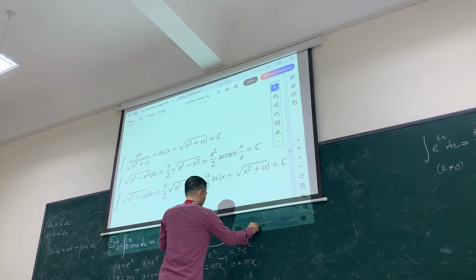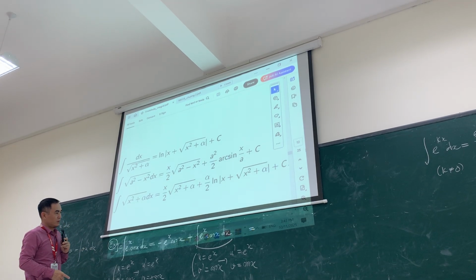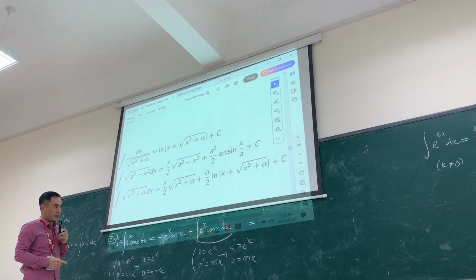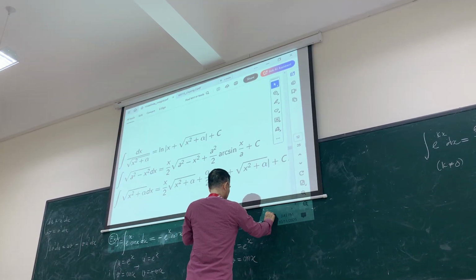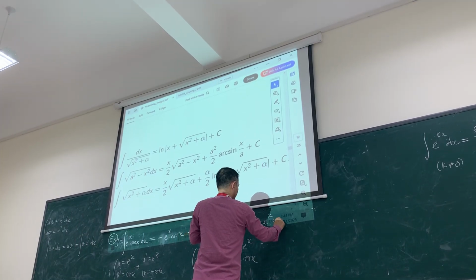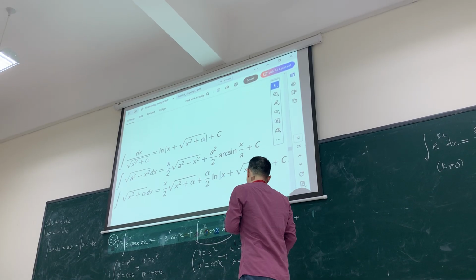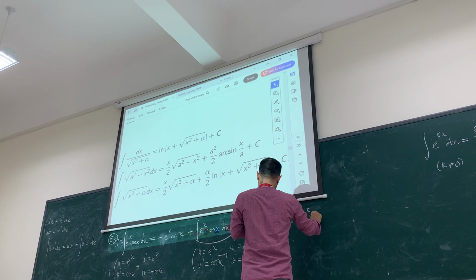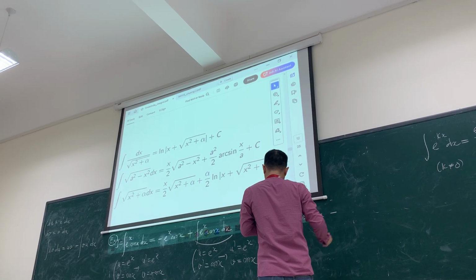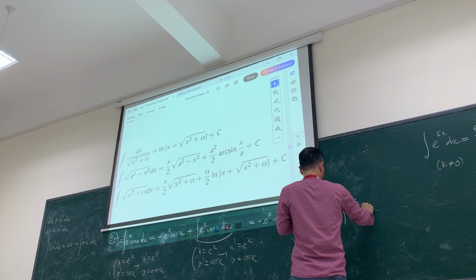Okay, I think we evaluate the second integral equal to minus exponential x cosine x plus u and v, exponential x sin x, minus the integral of exponential x sin x dx.